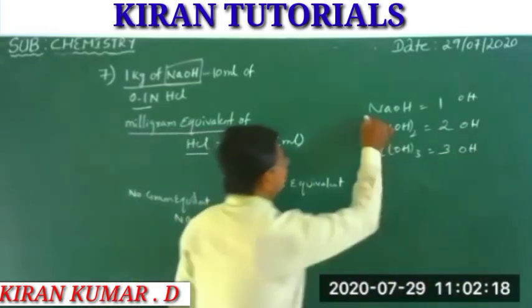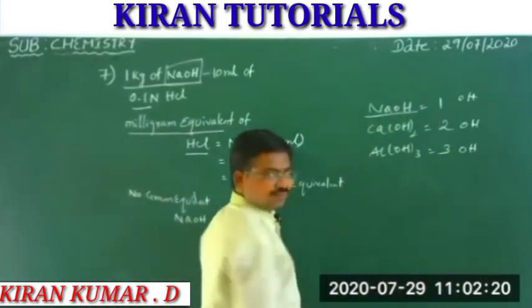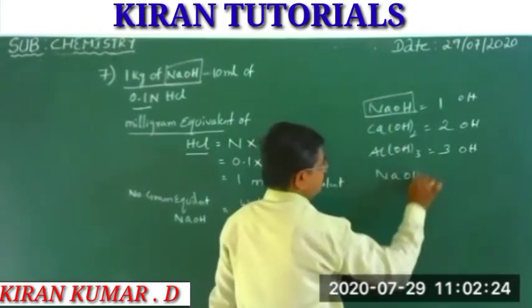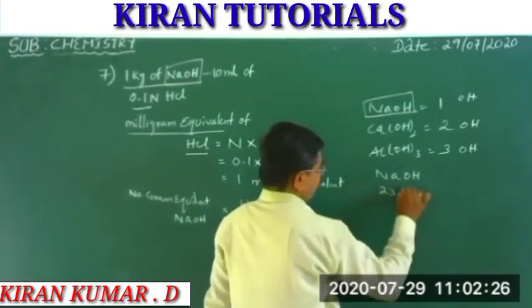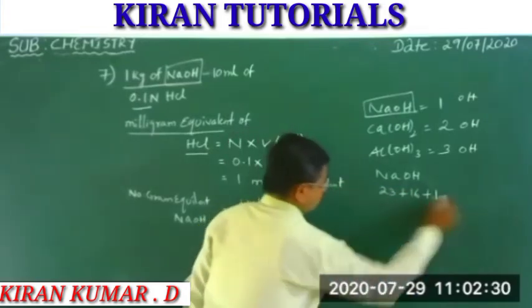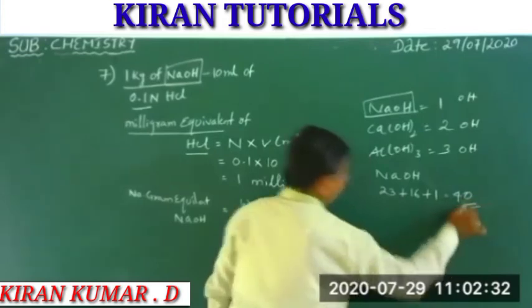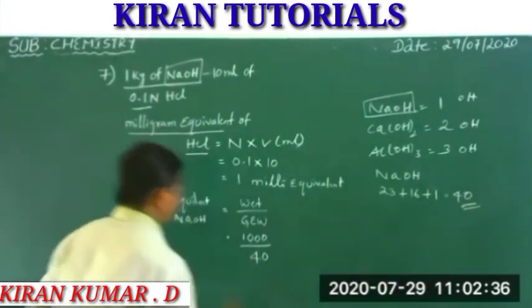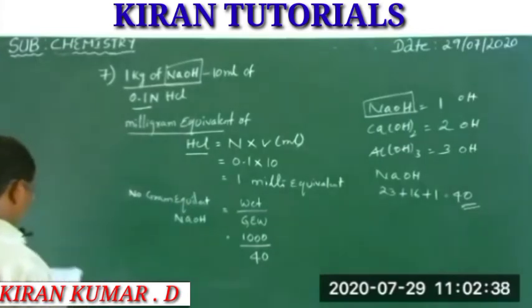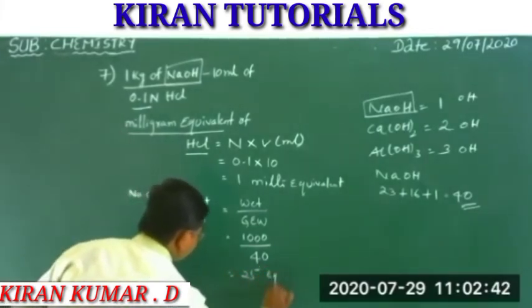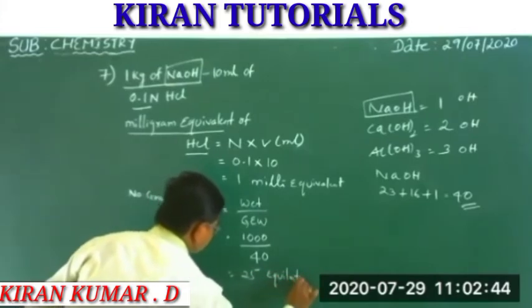So, what is the molecular weight of NaOH? NaOH, 23 plus 16 plus 1, that is equal to 40 molecular weight. So right here, 40, that gives 25 equivalents.